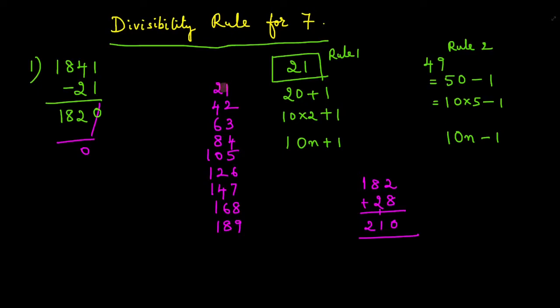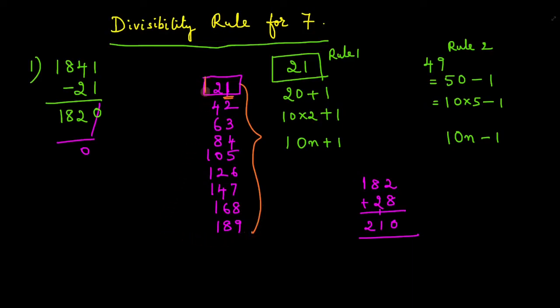These are the multiples of 21 and hence they are multiples of 7. We have chosen this 21 because here we have 1 in the units place. We can get multiples of 21 having 2, 3, 4, 5, 6, 7, 9, all the digits in the units place.